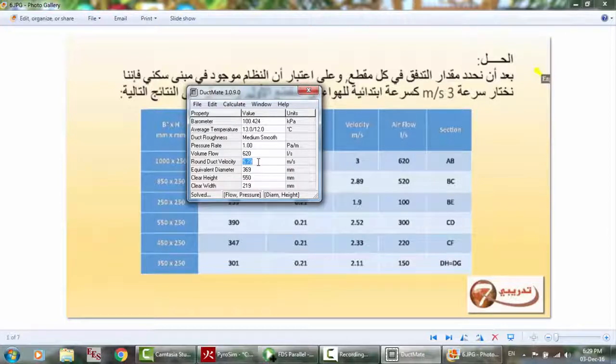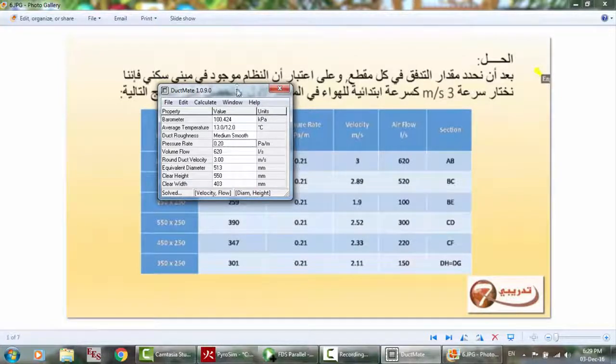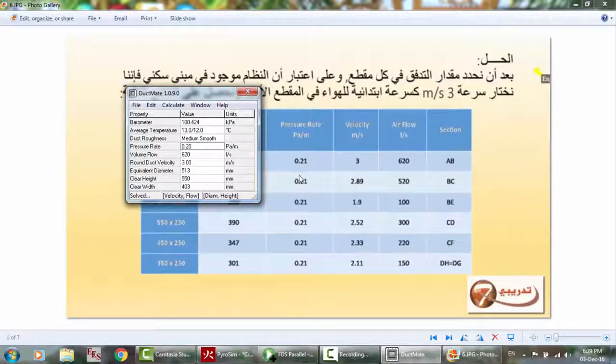Okay, notice that the pressure rate is 0.2. It is almost equal to this number that we got from the manual method, from the charts. Okay, so this is the beauty of this software. In just less than 1 second you get the pressure rate. And here the velocity 3, not 300. This is 3, not 300.